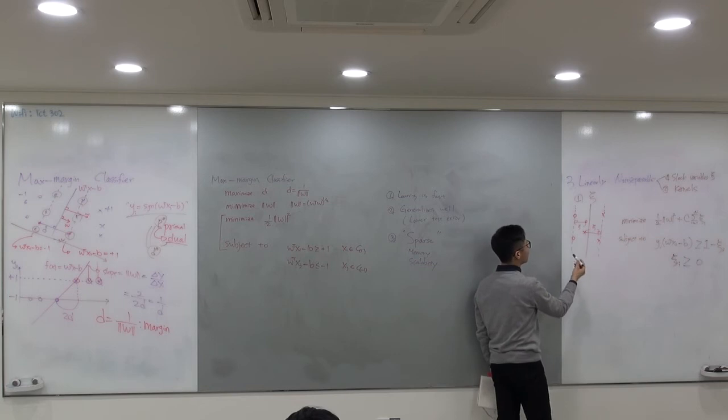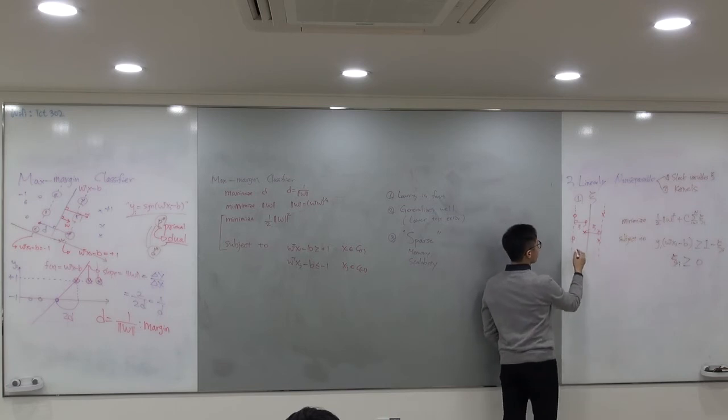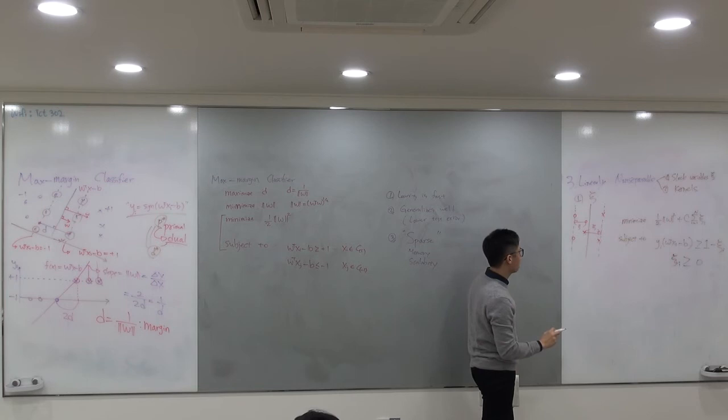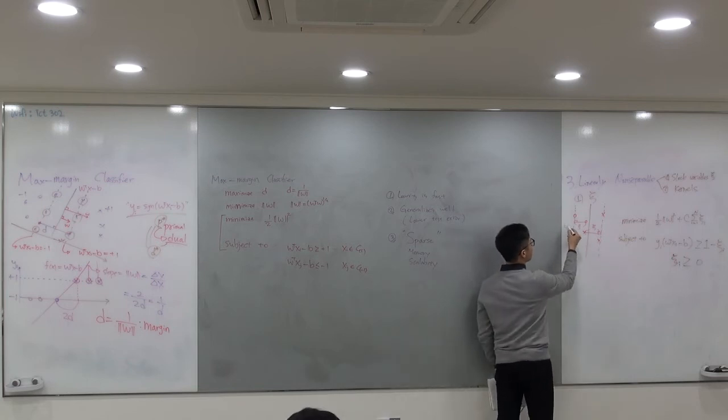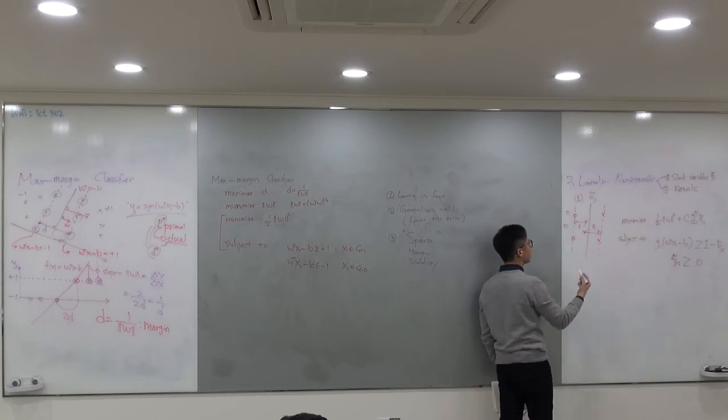Because we want psi to be the extent of violation, and examples in this area haven't done any violation.